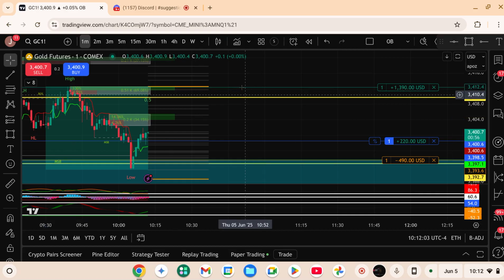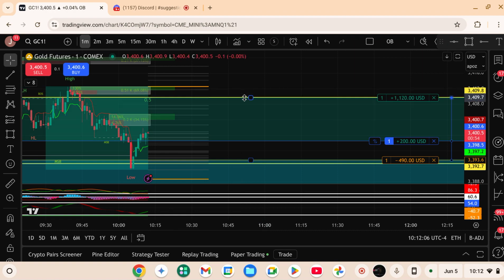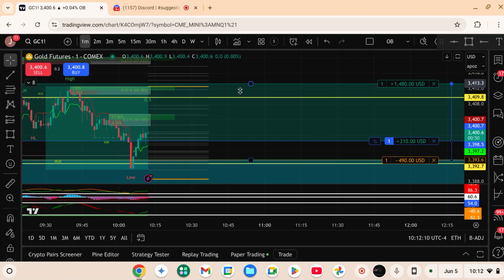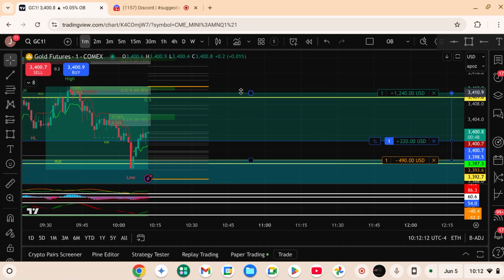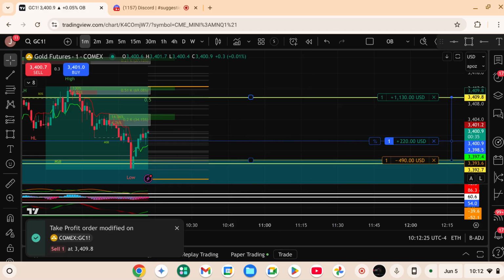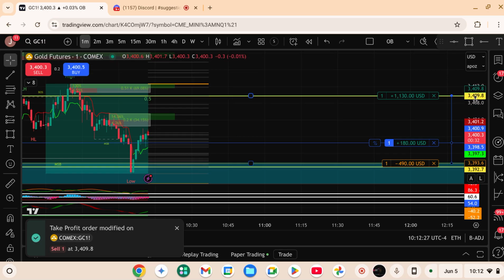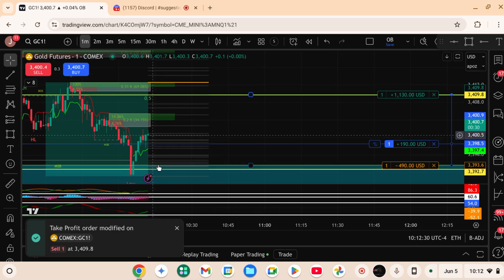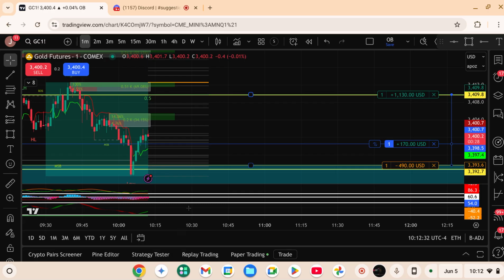That would still give you almost a $1,200 profit if you just target here, compared to here, it's almost 1,400. It's really not that big of a difference. And you don't want to get too greedy during these market conditions.